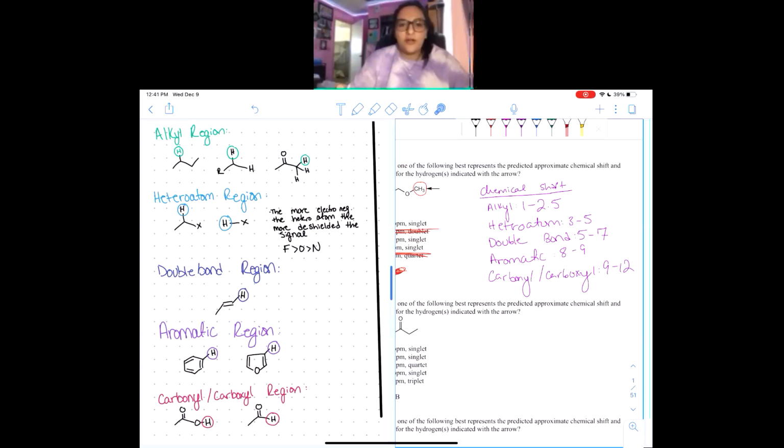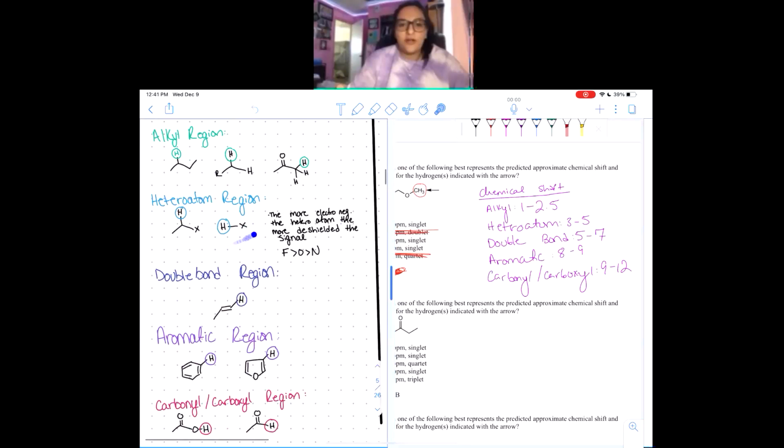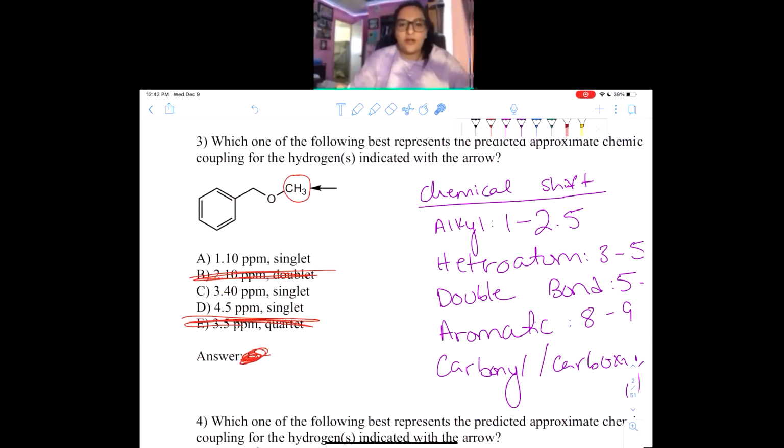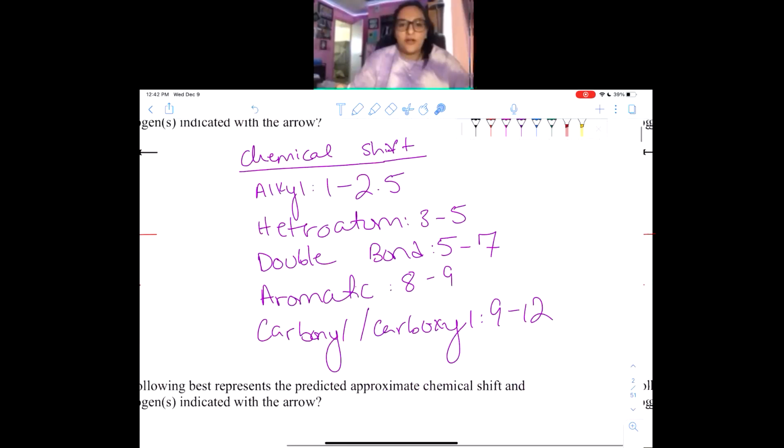It will be in the heteroatom region because we know things in the heteroatom region include hydrogens directly attached or hydrogens that are adjacent. And someone went further to say that this will be closer to 3 than 5 because of the oxygen. So that is correct. And I'm going to just tweak that a little bit.